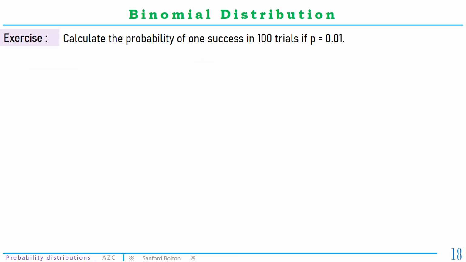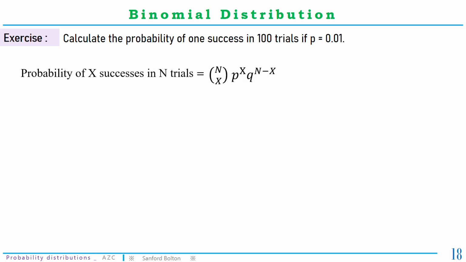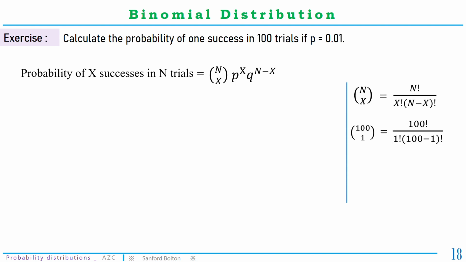Exercise. Calculate the probability of 1 success in 100 trials if P is 0.01. Here is the equation of probability of x successes in n trials. Let's first find n choose x. Put the values given for n and x. Here is the factorial calculation.